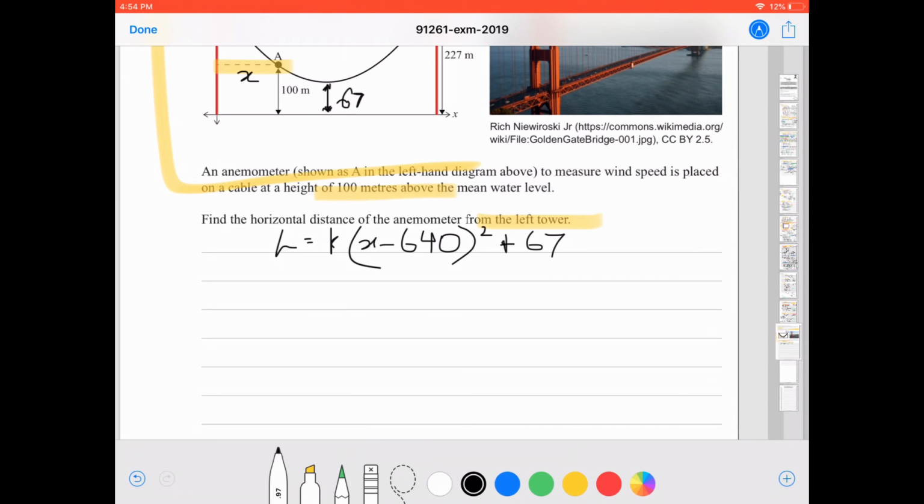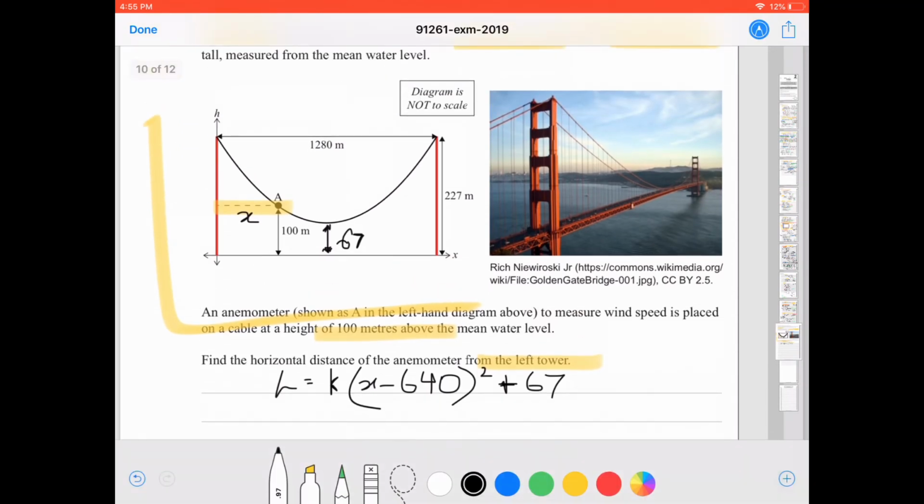The first thing we have to do in these sorts of questions is find a value for k, because k is a constant, and so we need to take any point and substitute it in for, now I would normally say x and y, in this case it's x and h. So we can decide any point that's been given to us.